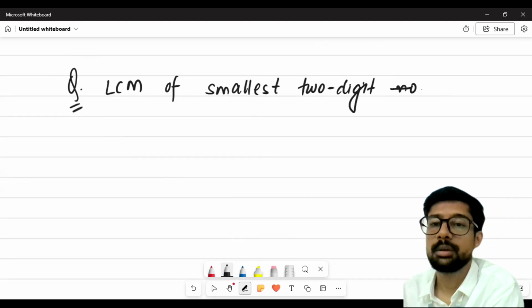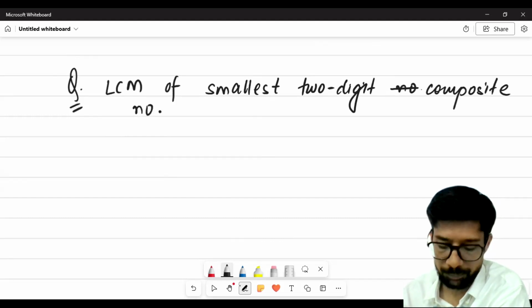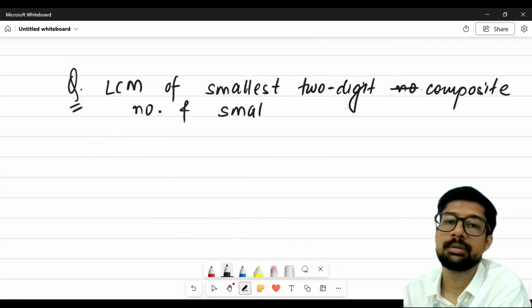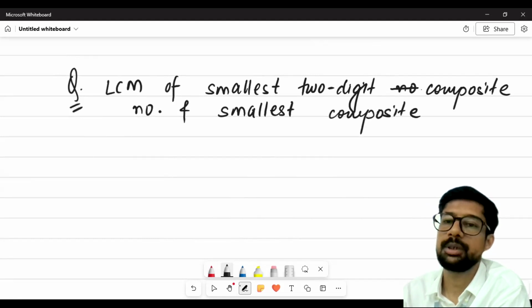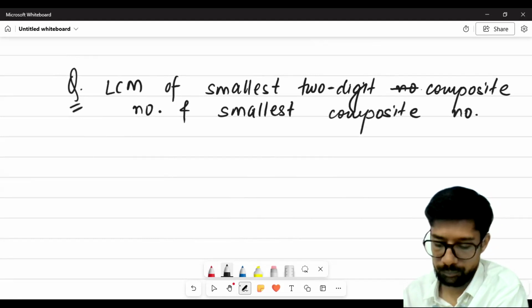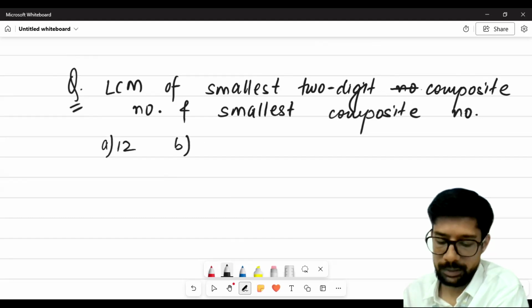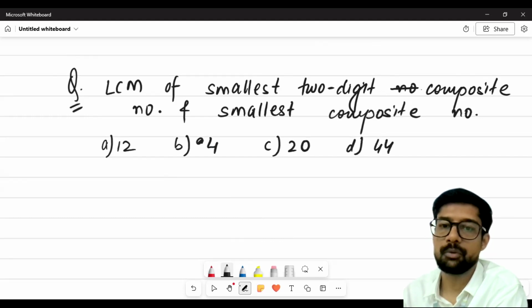2-digit composite number. They've also mentioned, specified the type. 2-digit composite number and smallest composite number. Okay. 12, 4, 20, 44.